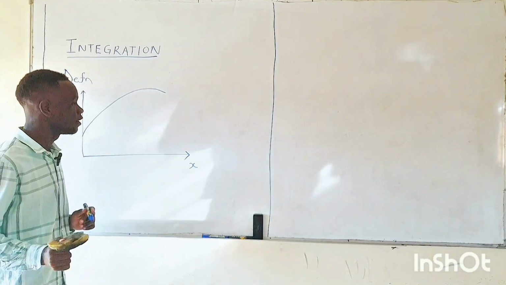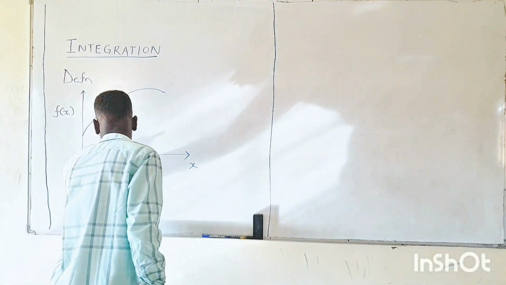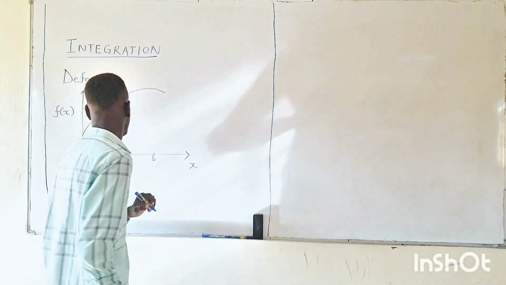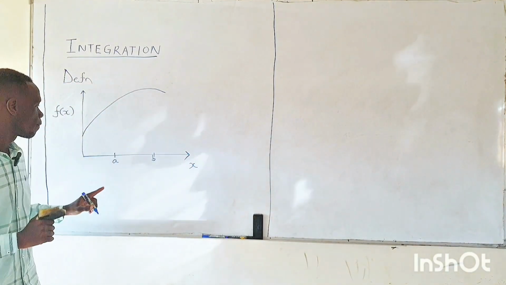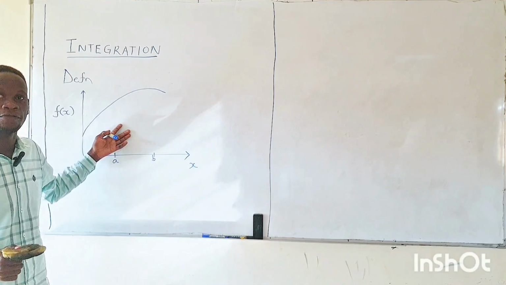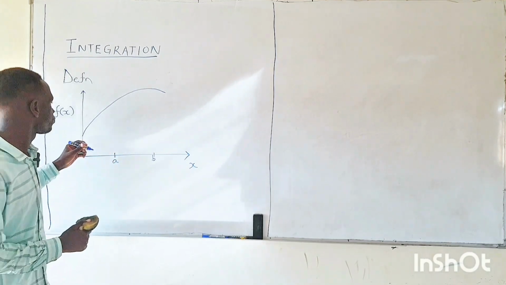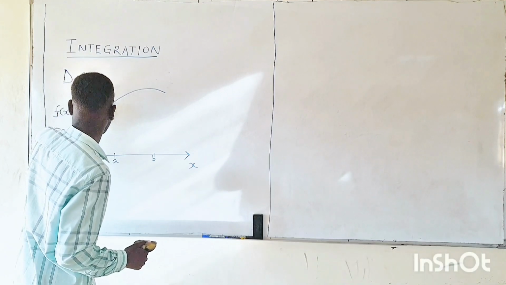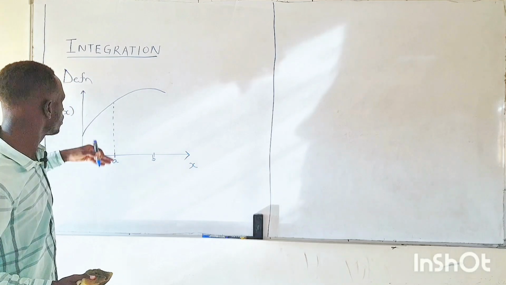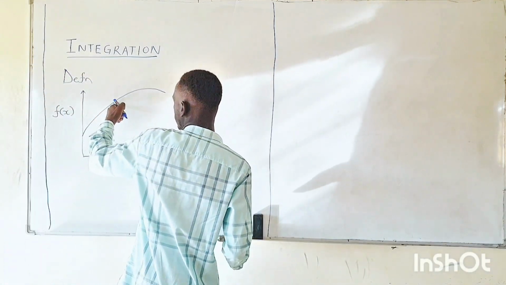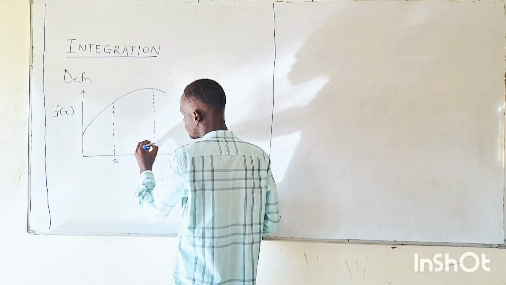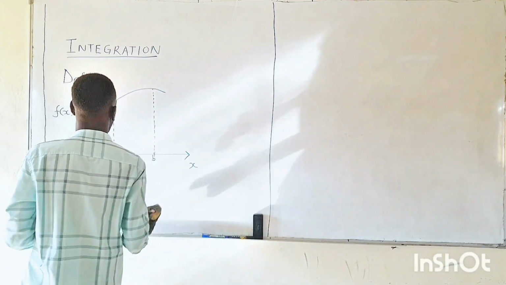Now, say we want to find the area from a point A to a point B from our curve. What shall we do? We shall try to interpolate from the curve to the point where A is, and also extrapolate to this point. So we want this area.